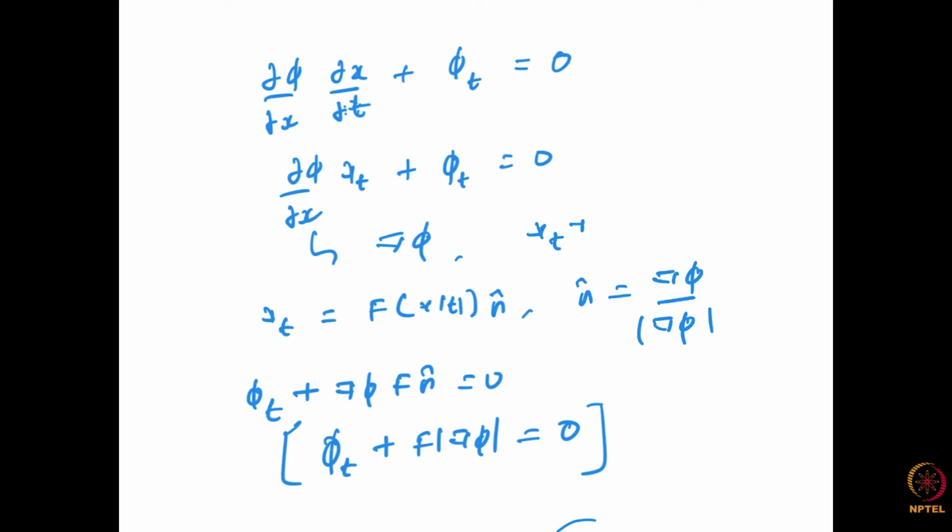Given that x moves, what is the corresponding change in phi? This is what this represents, because f tells you the speed function corresponding to the motion of x and y points. So that's the relationship. This is what is typically used to rewrite everything.